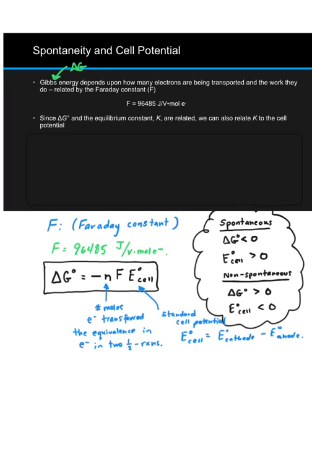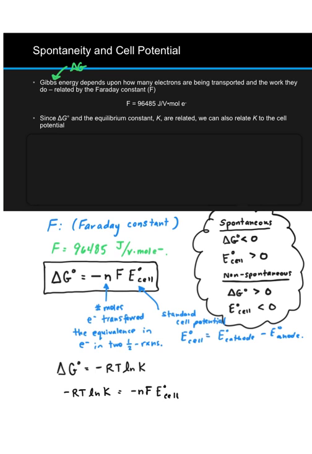Because delta G is equal to negative RT times the ln of K, as we all now have memorized from chapter 20, delta G is equal to negative RT ln of K for a reaction where K is our equilibrium constant for that reaction, and delta G is equal to negative nF E cell, as we see here for an electrochemical reaction. Negative RT times the ln of K must be equal to negative nF E cell.